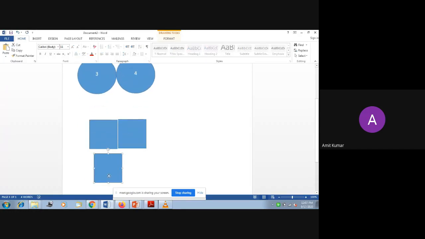So obviously you will be able to cover the whole area. So there will be no space where you are not getting coverage. So everywhere you are getting coverage in the shape of square.